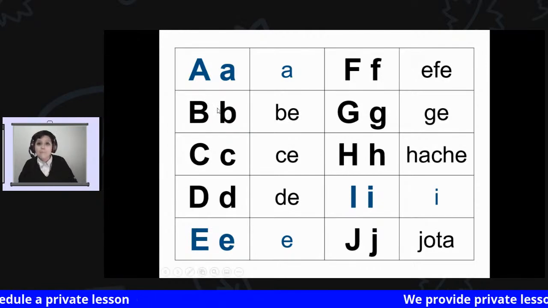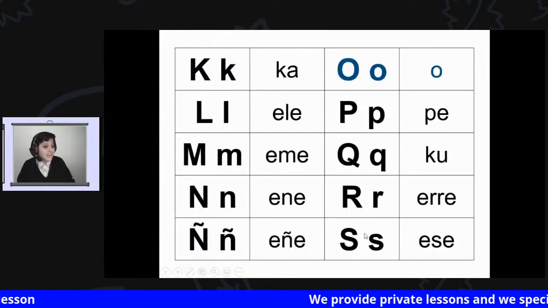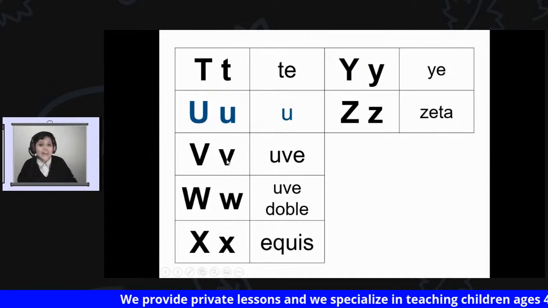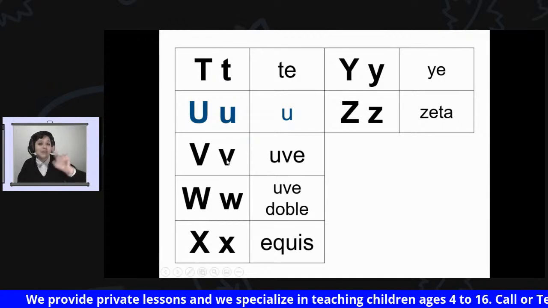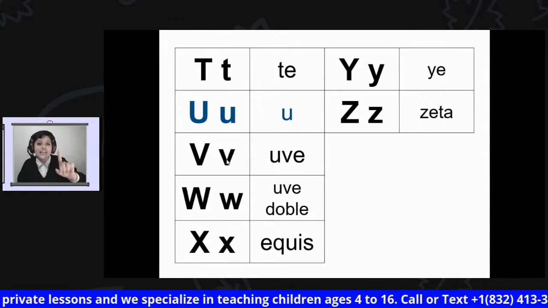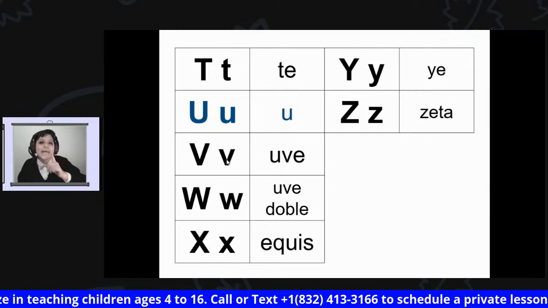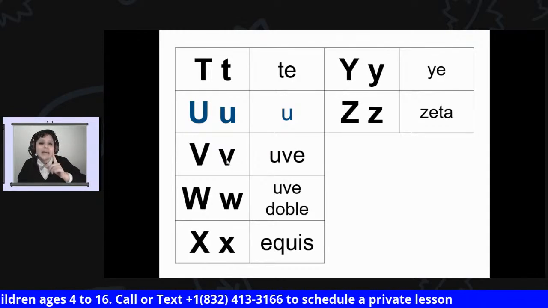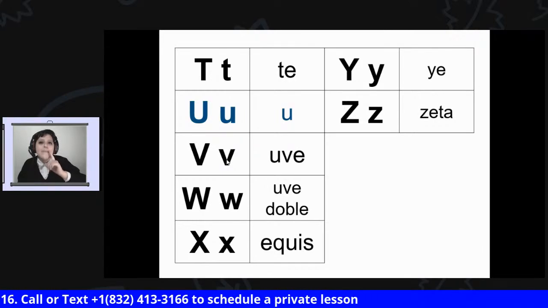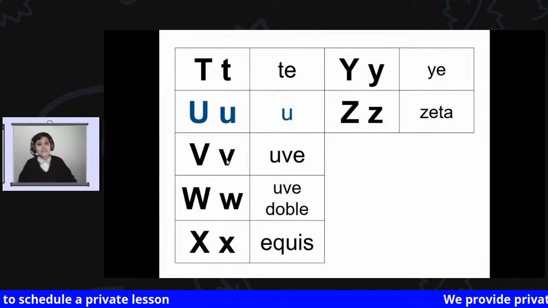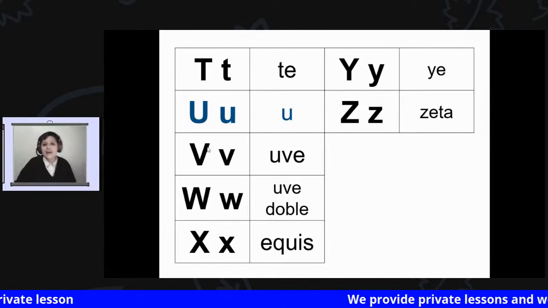This one, B, and this one, V, do not sound differently. They sound exactly the same. B, B, B. With your lips. So that is one of many differences that we have in the sounds of Spanish.